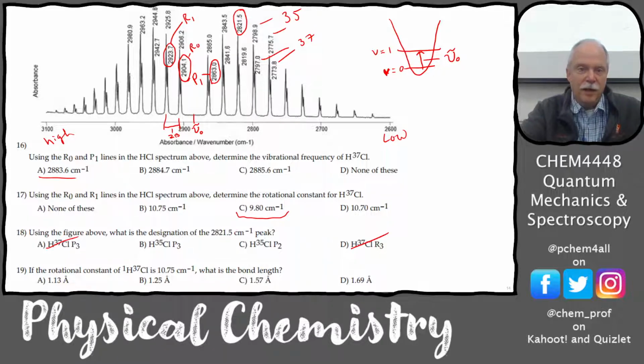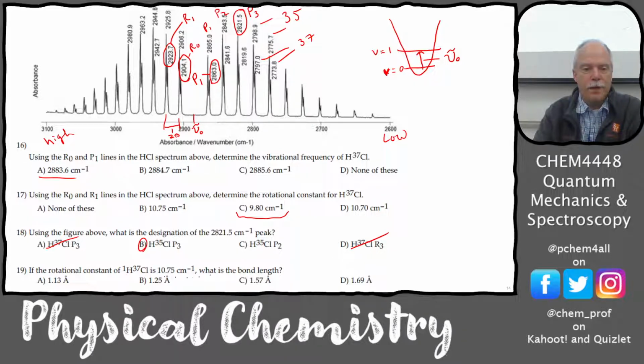It's P1, P2, P3. So it's the P3 for the 35. So 35 P3. But you see the logic there? It was the largest one because it's a 35 isotope, and it's the third P line.